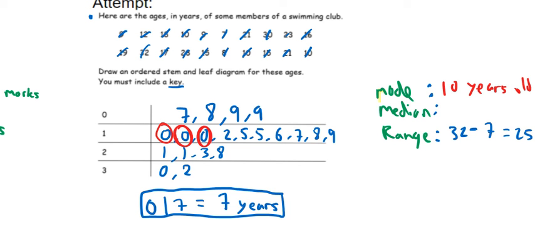The median then, this is where we need to be careful and cross off from the smallest and the biggest. So the smallest is 7, biggest is 32, next smallest is 8, next biggest is 30, next smallest is 9, next biggest is 28, and then I'm going to keep going.